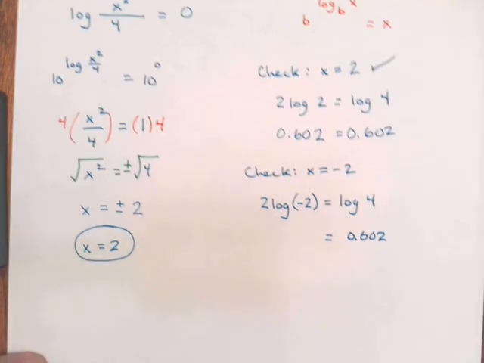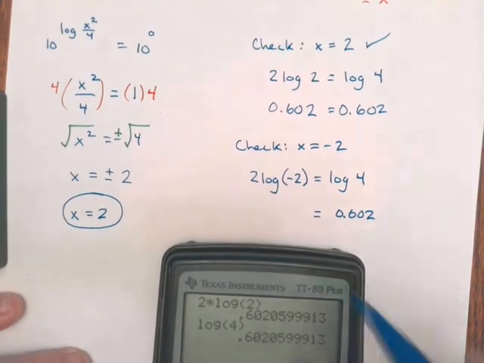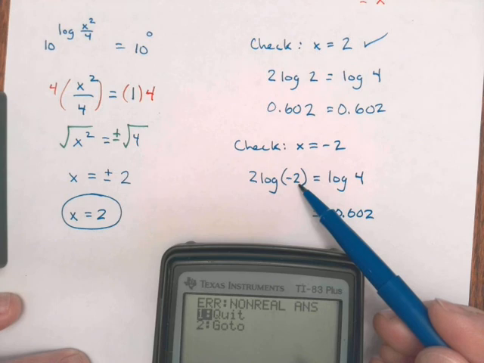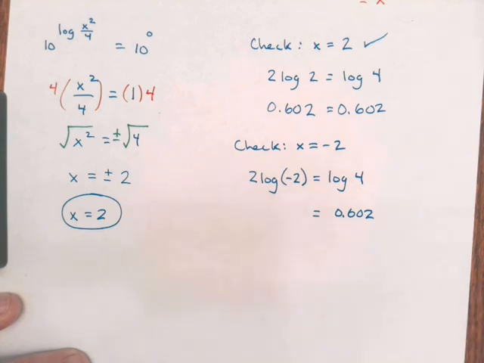Now I'm going to plug this into my calculator. So that's 2 times log of a negative 2. And if I evaluate that, my calculator does say non-real answer. There's an error there. And again, the reason for that is you cannot take a log of a negative number or 0. You can only do logs of positives.